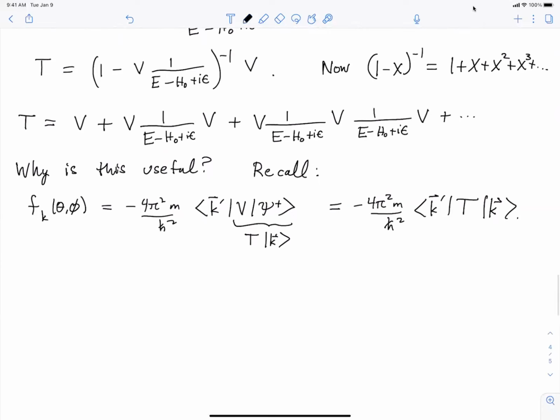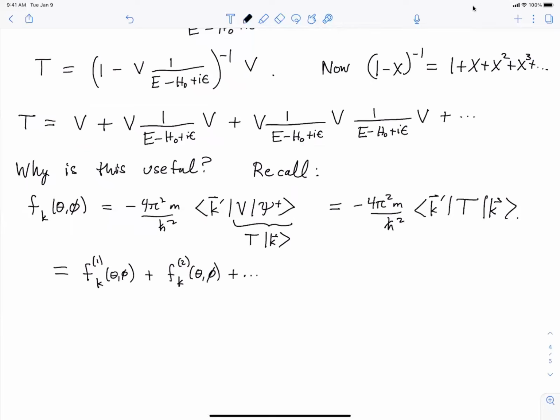Okay, and so in particular, because this is an infinite series, we can write this thing as an infinite series. So we can write this as, first of all, f1_k of theta and phi plus f2_k of theta and phi plus going on forever.